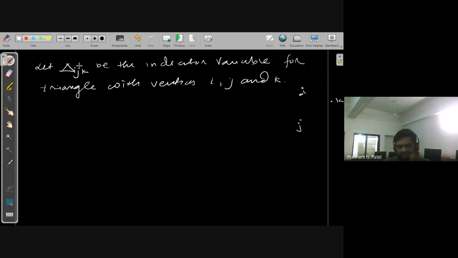So this delta ijk is a variable that indicates that the vertices i, j and k form a triangle.